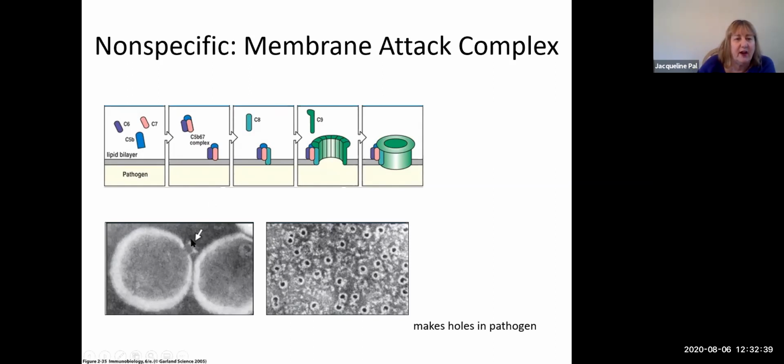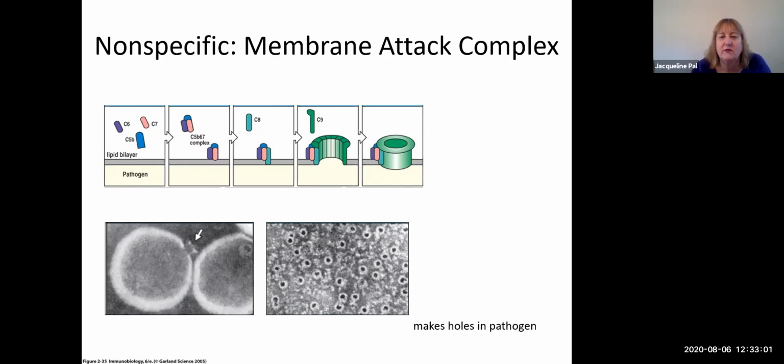And so here is a very nice discrete hole that you can see on the side, because you can clearly see the complement proteins up here and the hole in the plasma membrane. But now looking from above, I want you to realize you got lots of holes in this pathogen.